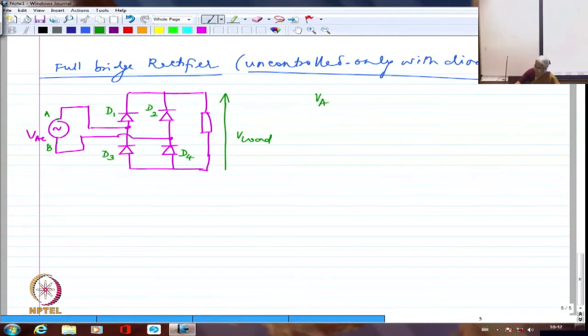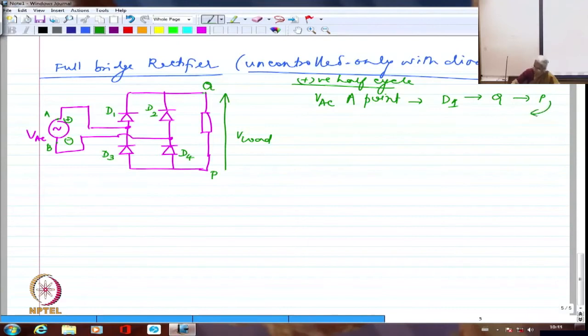From the VAC A point, it is going to go towards D1, then through the load. Let me call this P and Q. So Q, then to P, then to D4, and then back to VAC's B point.